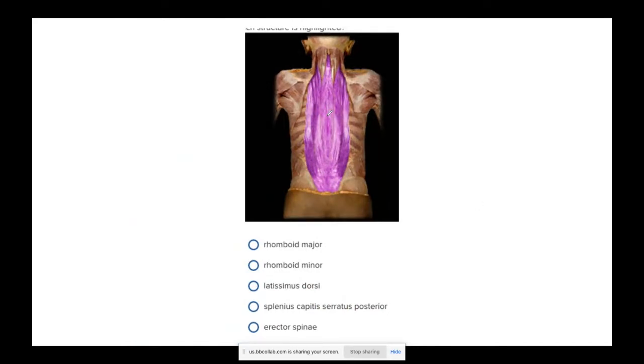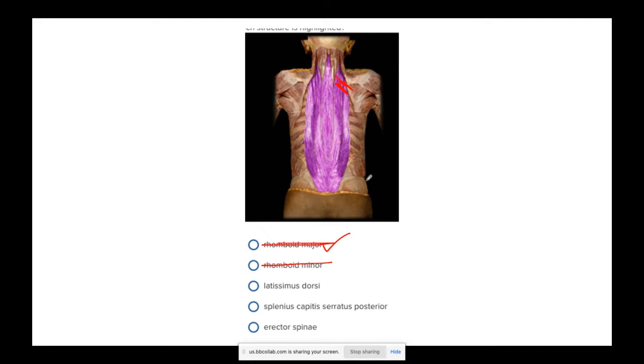Now we're looking at all of these muscles of the back. This whole group that's highlighted. What could it be? Well, we can rule out rhomboid major, we can rule out rhomboid minor, because those are going to be here, right? They go in this diagonal from the spine to the scapula. What about latissimus dorsi? The lats are the largest, widest muscle of the back.